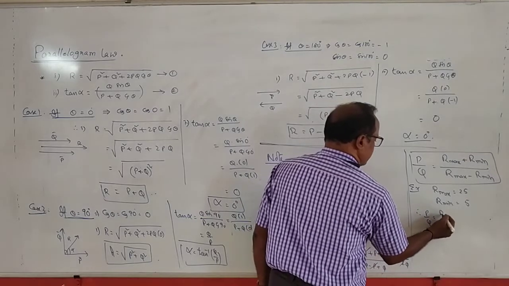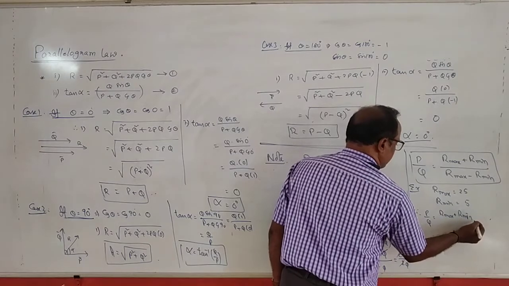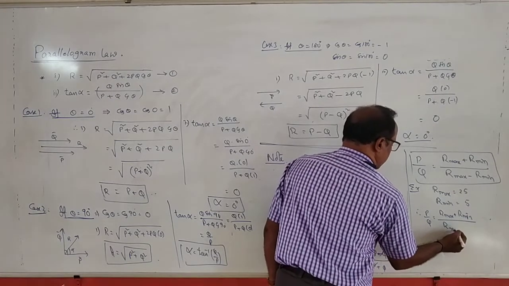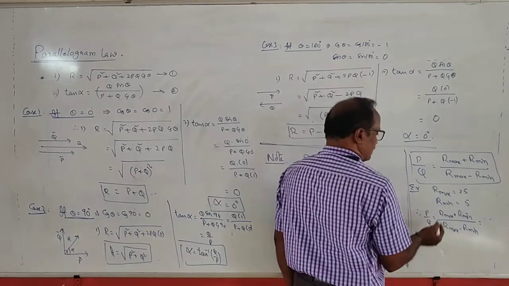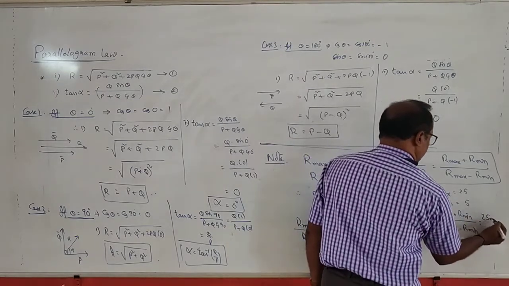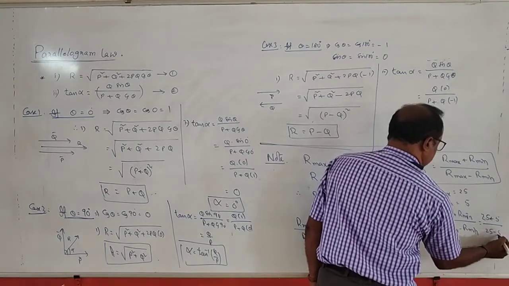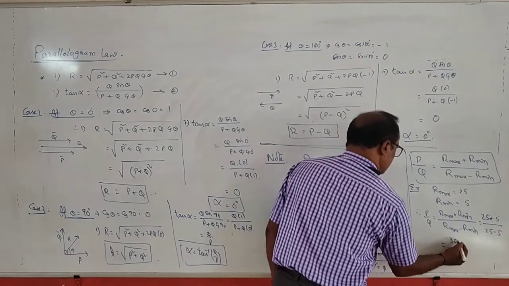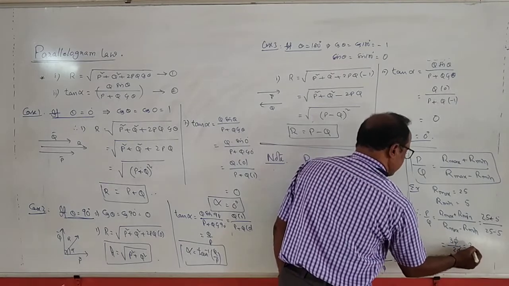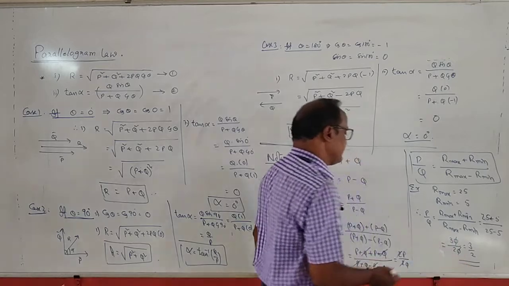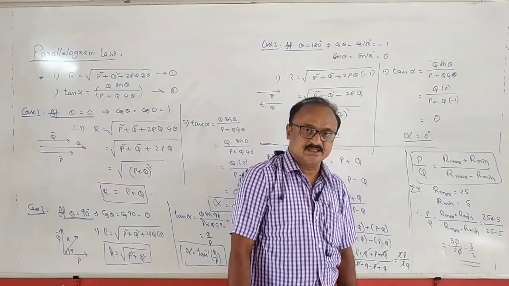P by Q is equal to R maximum plus R minimum by R maximum minus R minimum, that is 25 plus 5 by 25 minus 5, which is 30 by 20, that is 3 by 2. So the ratio between the magnitudes of the two vectors is 3 is to 2.